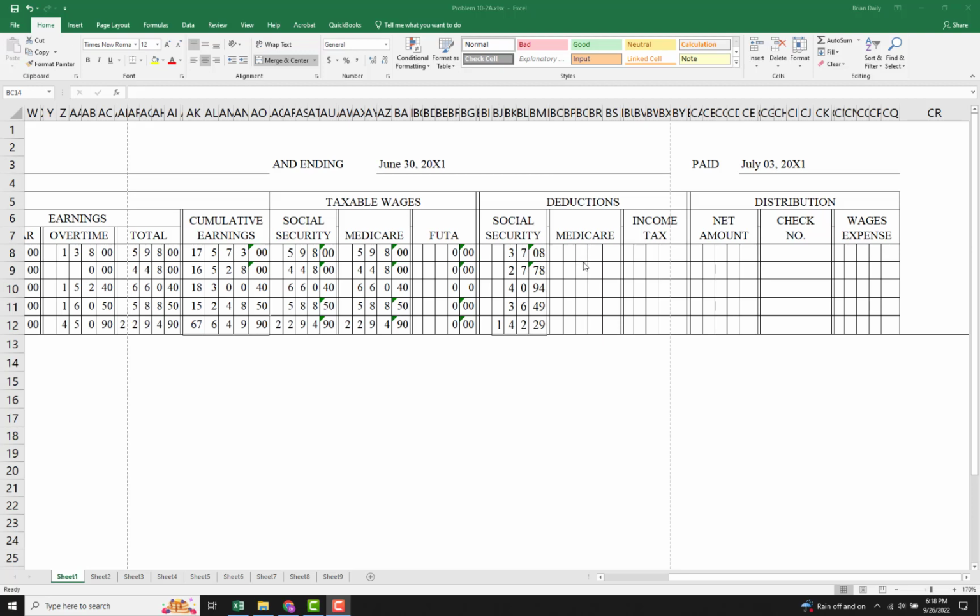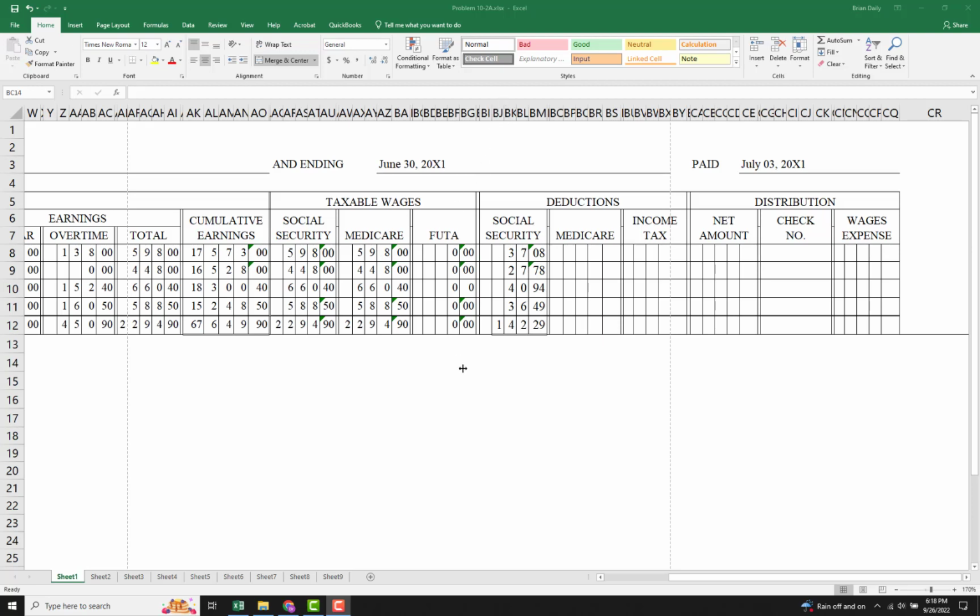Which brings us to the Medicare calculation. So what we're going to do for Medicare is multiply the taxable wages for Medicare by the Medicare rate. And that rate has also remained constant for many years now at 1.45%.